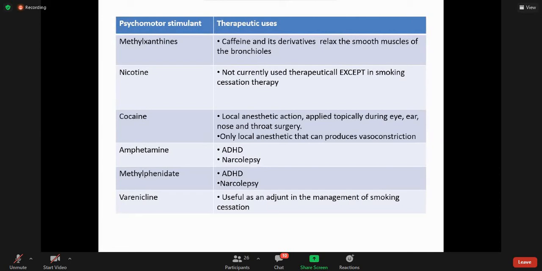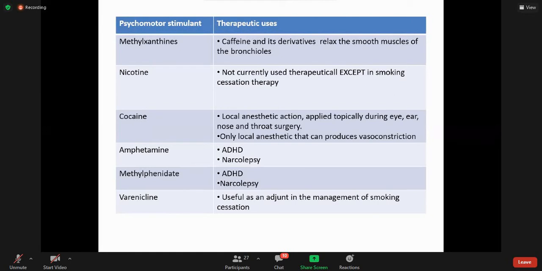And the second important condition is narcolepsy. You know, this is a chronic sleep disorder, characterized by overwhelming daytime drowsiness and sudden attacks of sleep, right? So these are the two important problems in which we use this group, amphetamine, legally.